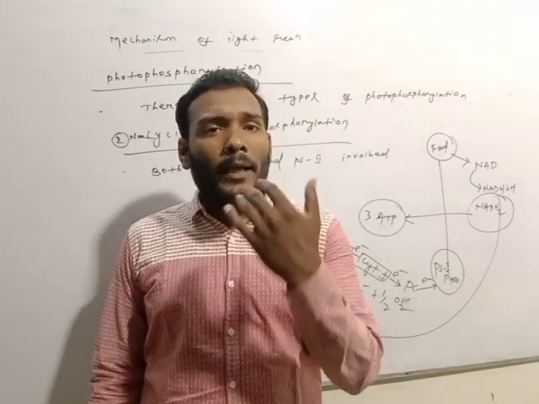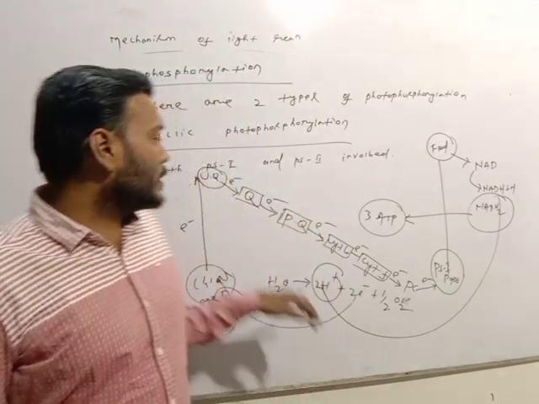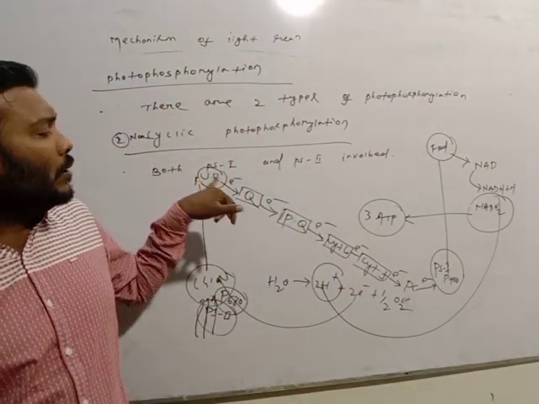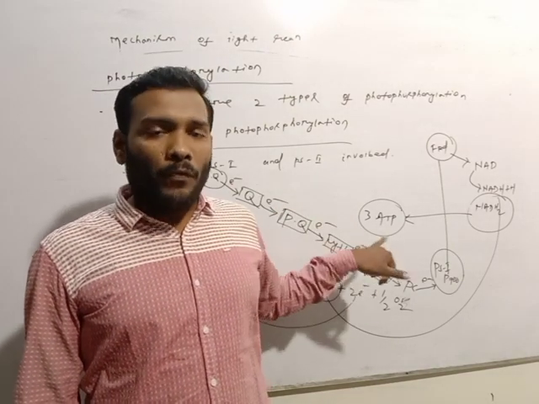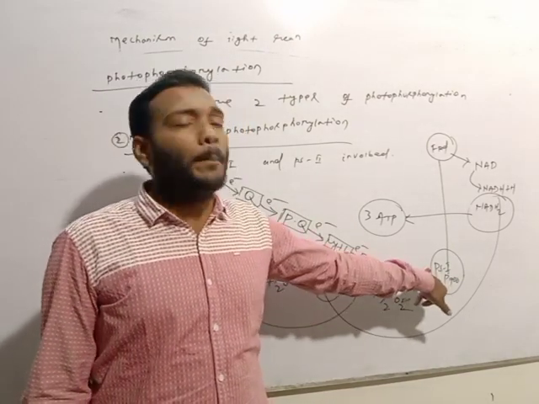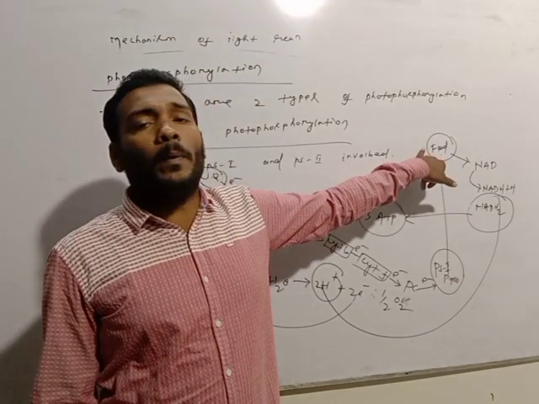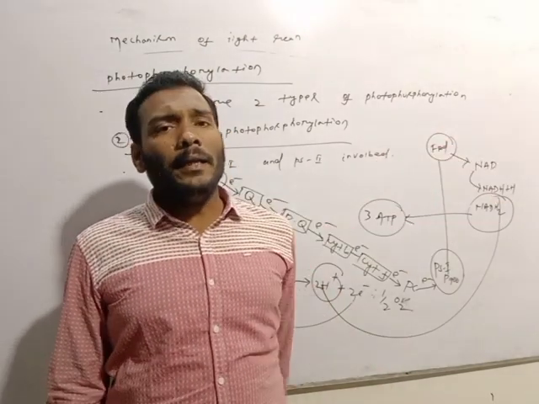Then, what are the electron carriers used in the photosystem? They are quinone, ubiquinone, plastoquinone, cytochrome B6, cytochrome F, and plastocyanin. Then it moves to P700, where it is reduced by FRD and NAD.